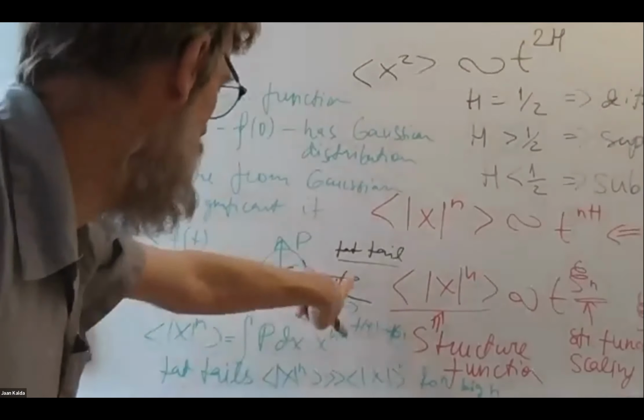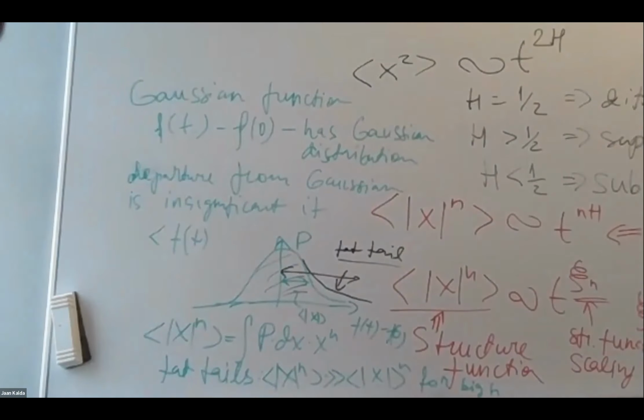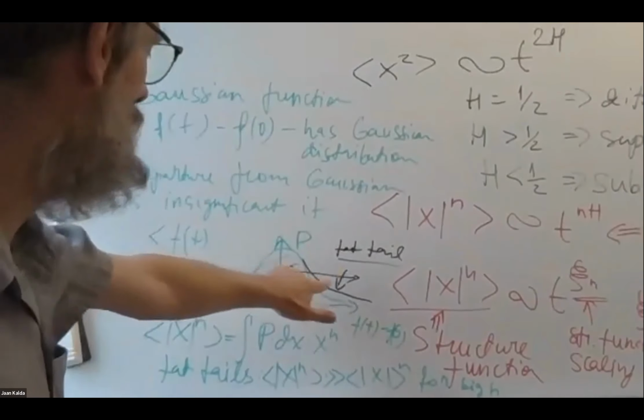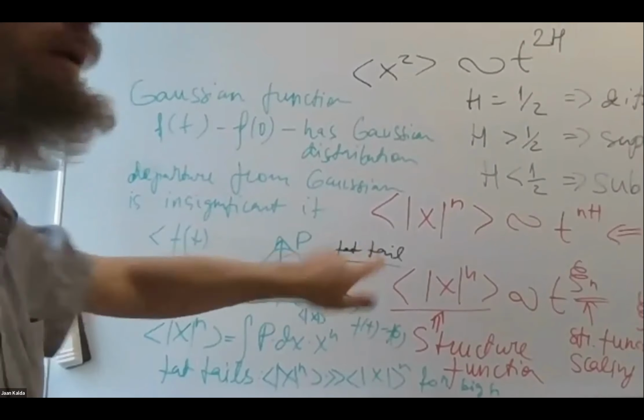So this here can be much bigger than that here. And if you have fat tails, then we call this intermittent. So these functions are intermittent.